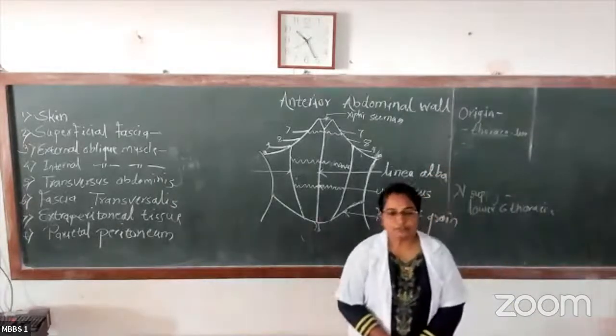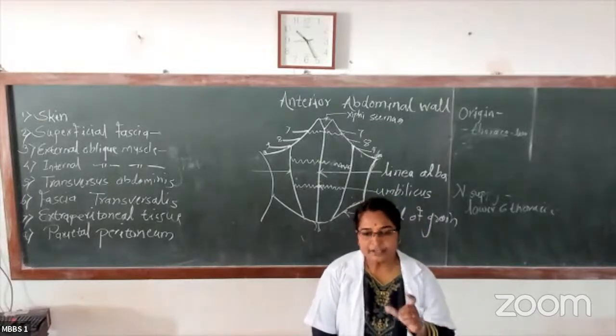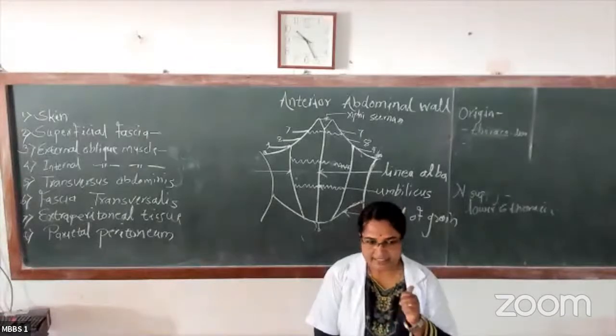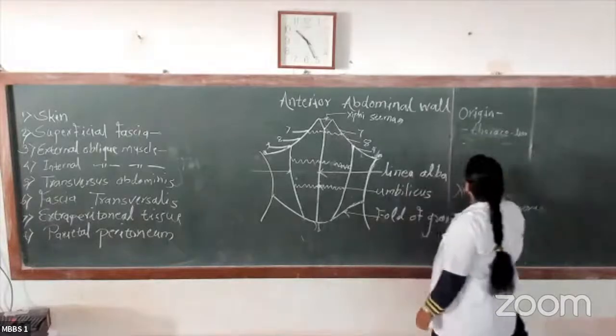It takes origin from the lateral 2/3 of the inguinal ligament, the intermediate area, that is ventral segment, of the iliac crest, and also the thoracolumbar fascia.